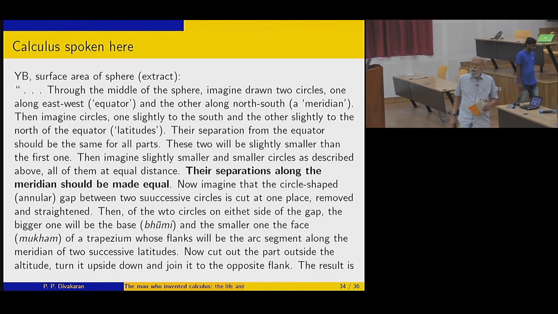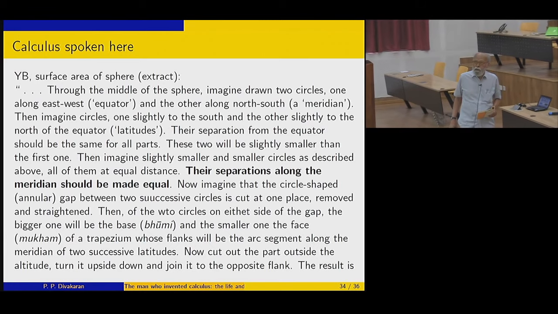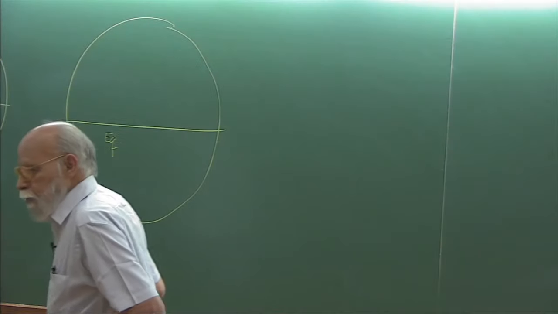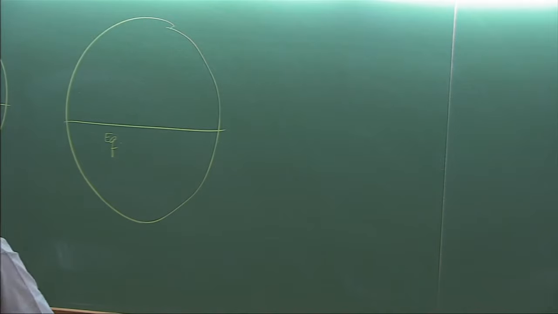Through the middle of the sphere, imagine drawn two circles, one along the east-west, the equator. This is the equator. And the other north-south, which is any meridian.